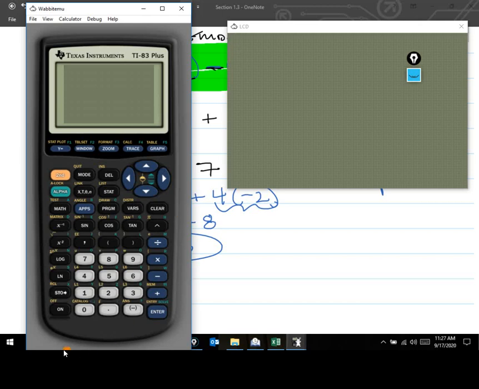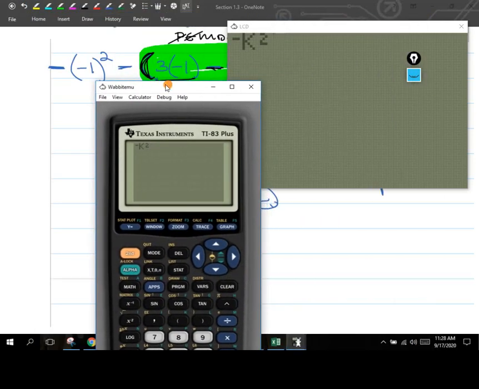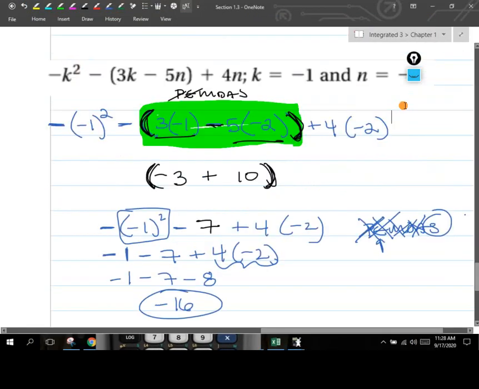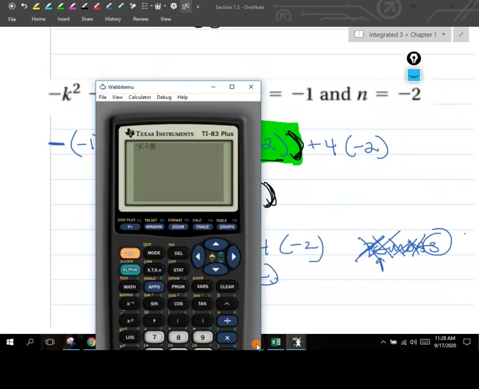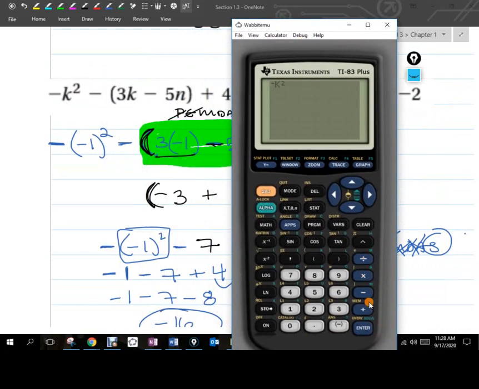So I'm going to type in negative. Now, if I hit alpha, it's going to allow me to bring up these letters that you see in green, so we used K. And I'm going to square it. Go back to the problem. And I'm going to hit minus 3, and hit alpha again, find my K. I should have put parentheses around that.